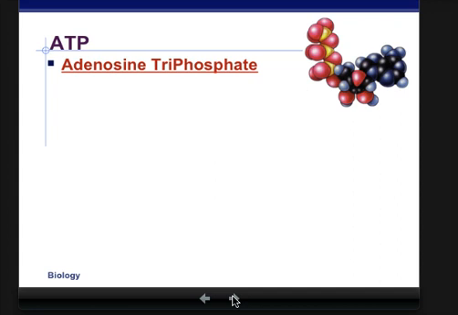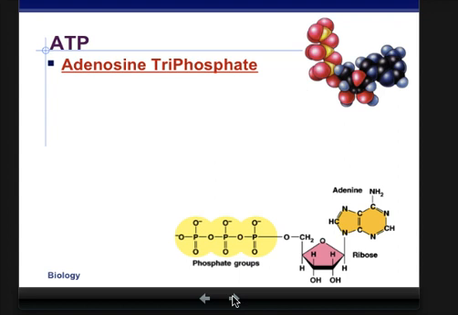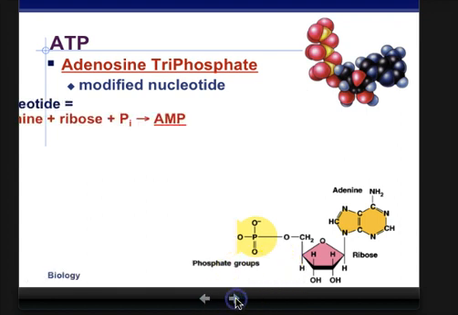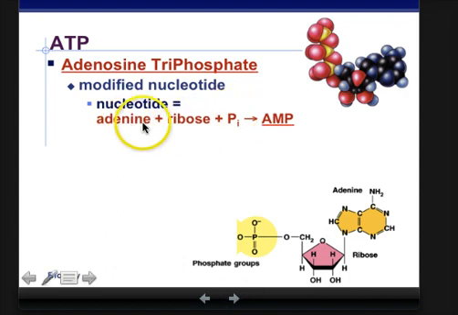Okay, so ATP, of course, is adenosine triphosphate, and it's a nucleotide. A nucleotide, remember, is a sugar, a phosphate, and a nitrogen base. So in this case, you can see we have adenine and ribose and a phosphate.